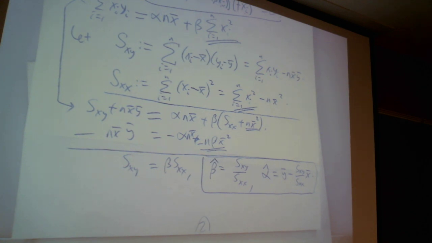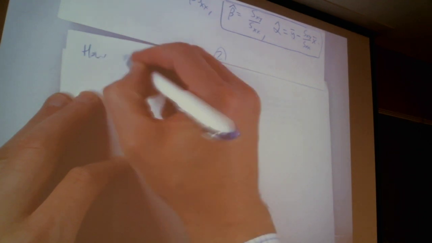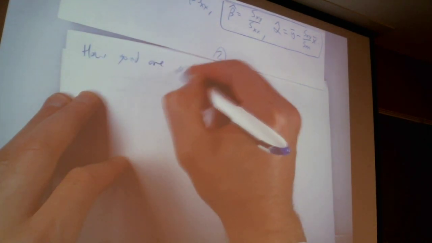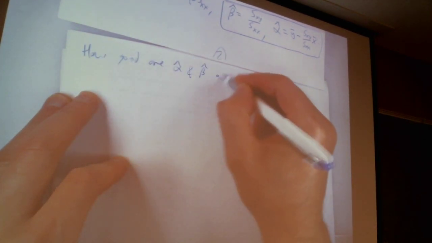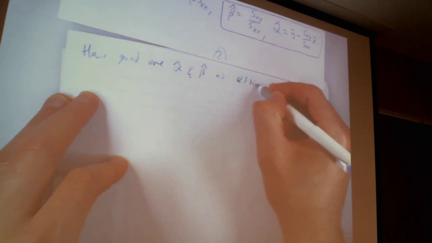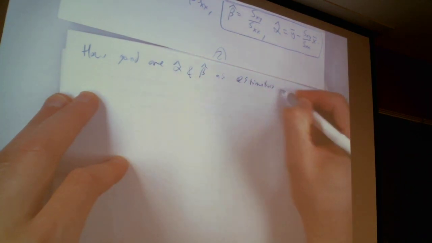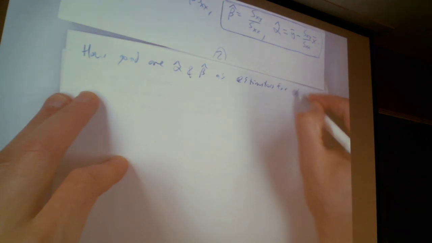Okay. Very good. So the question is, how good are these estimates? So these are estimators. We got these estimators, but how good are alpha hat and beta hat as estimators for alpha and beta?